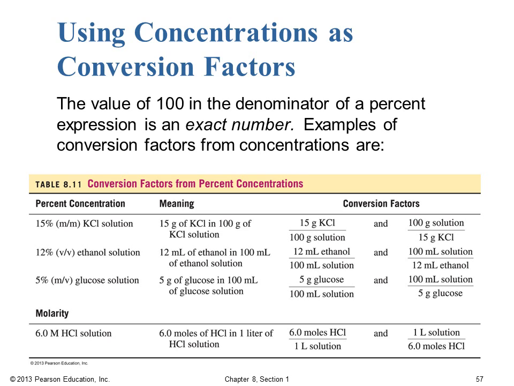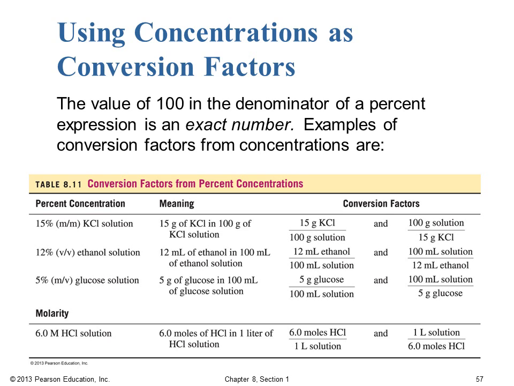So if they give us the percentages, the mass percent, the volume percent, or the mass by volume percent, you just take those percents and put that per 100 of that measurement of solution. So in 15% KCl, we have 15 grams of KCl in 100 grams of solution.